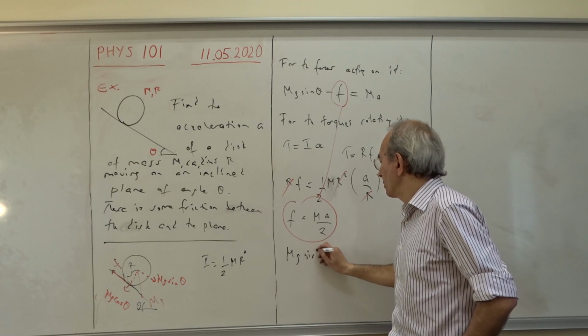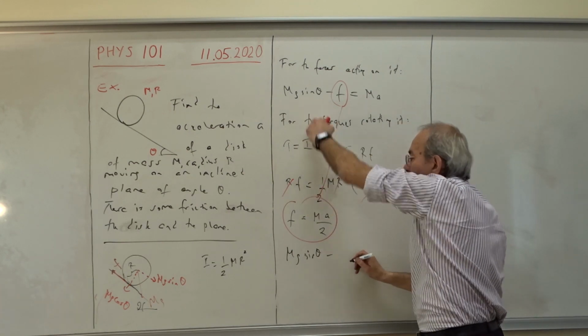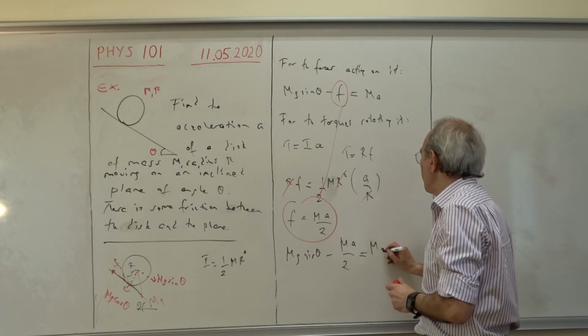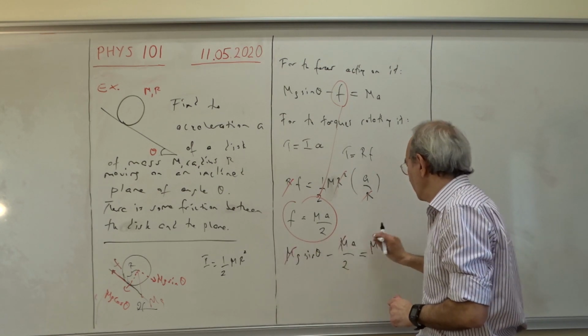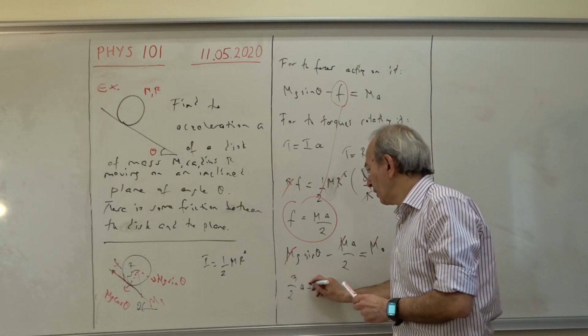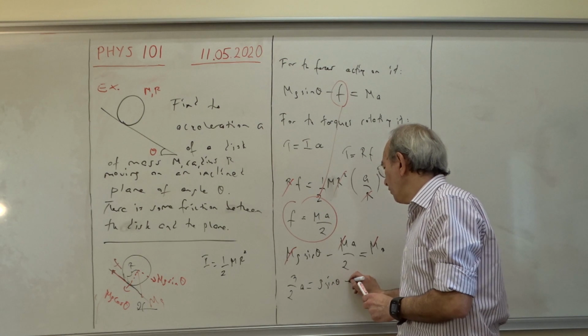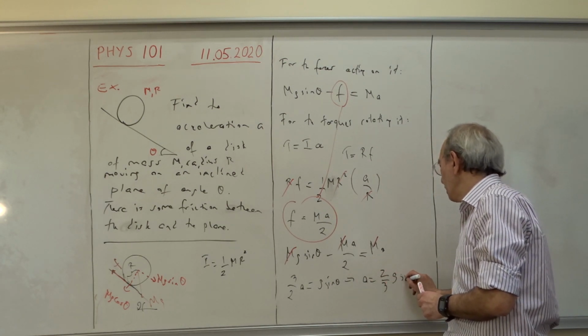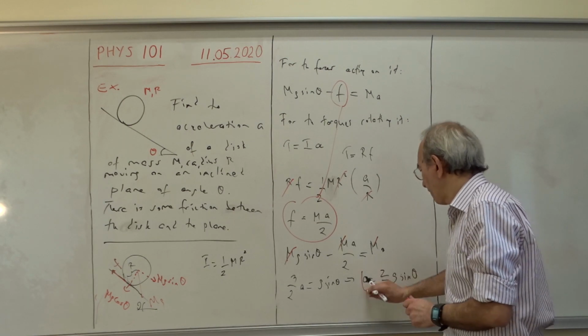mg sine theta minus f, which I write as ma over 2, is equal to ma. The m's cancel, so that it is 3/2 a if you take it to the other side. It is g times sine theta. Acceleration will be 2/3 g sine theta.